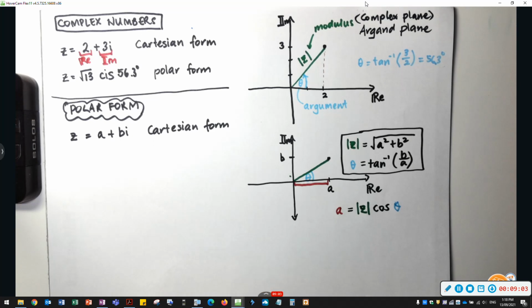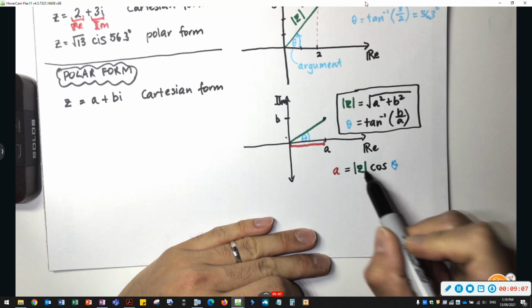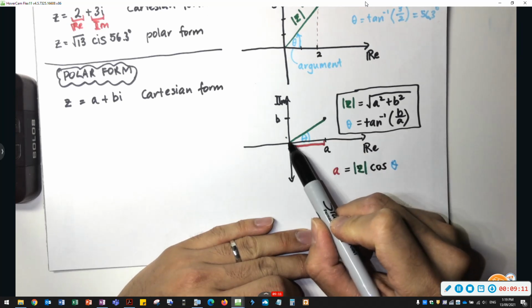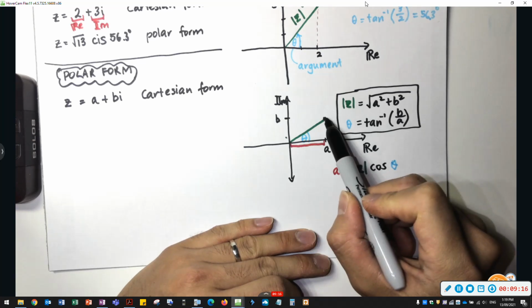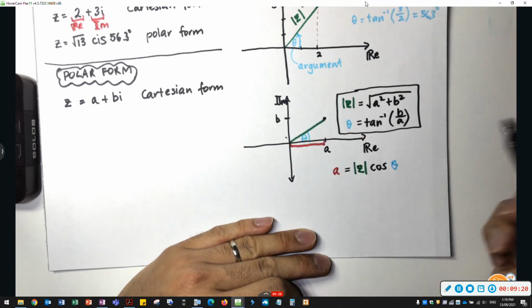Okay, so sometimes they like to label the modulus as the letter R, R meaning like the radius. Okay, this is the center of your circle, and you have a radius at this point and you draw a circle around it. That's why they use the letter R.